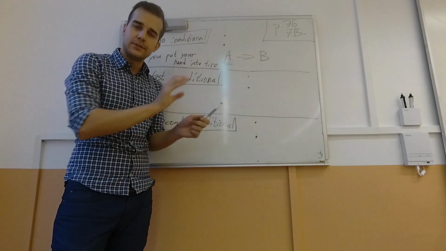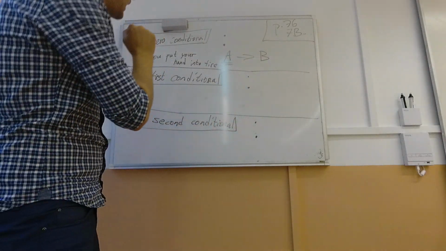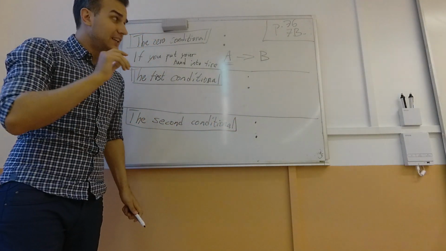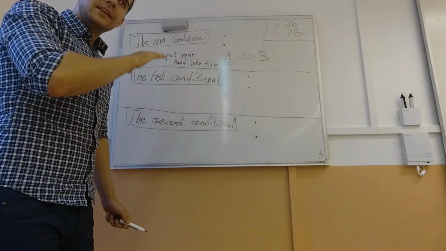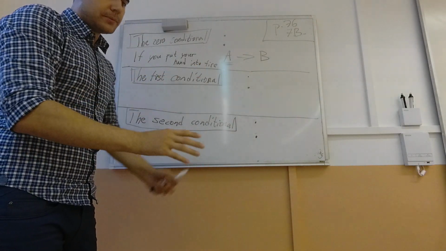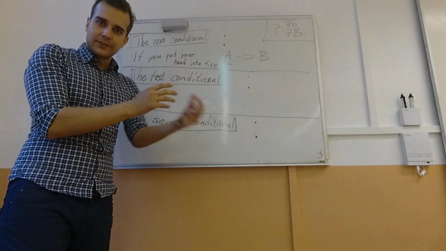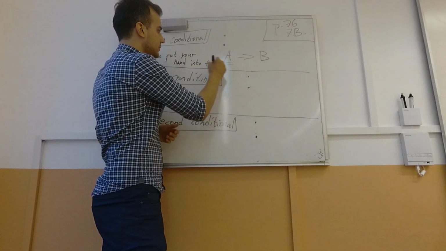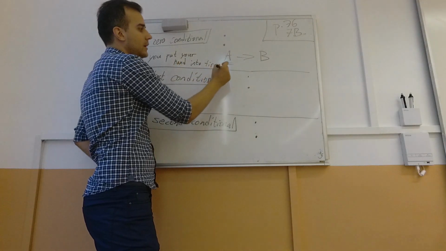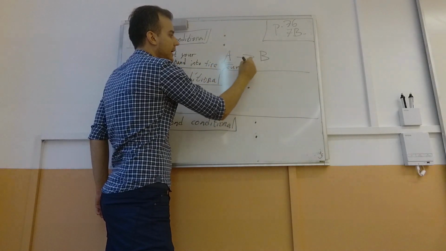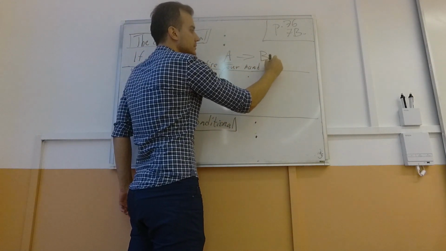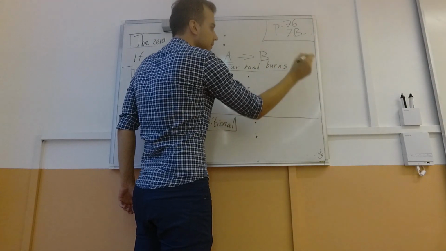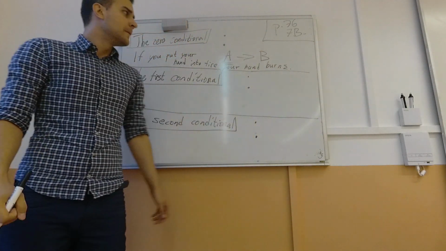You put your hand into fire. This is A. And if A happens, there's something that always happens too. Because what happens with the fire and your hand, the fire burns your hand. Okay? So if you put your hand into fire, your hand burns. Alright? Not a good thing for sure.